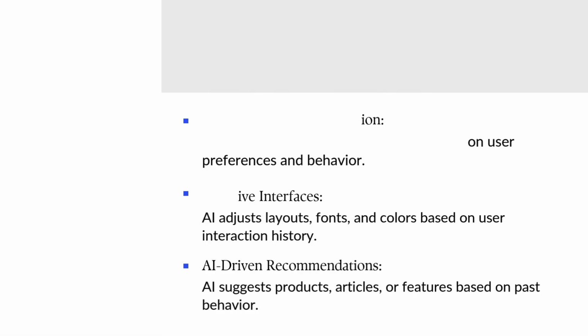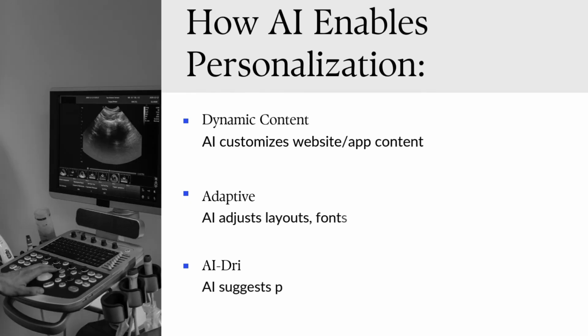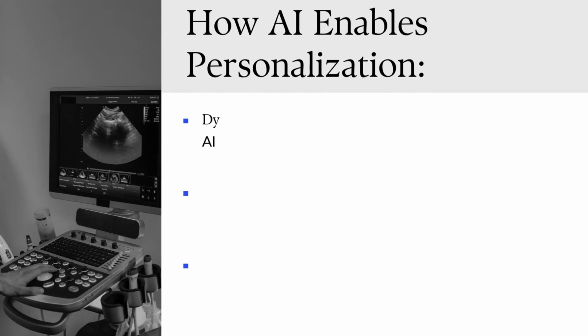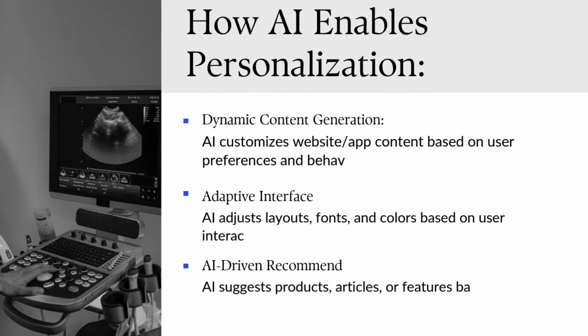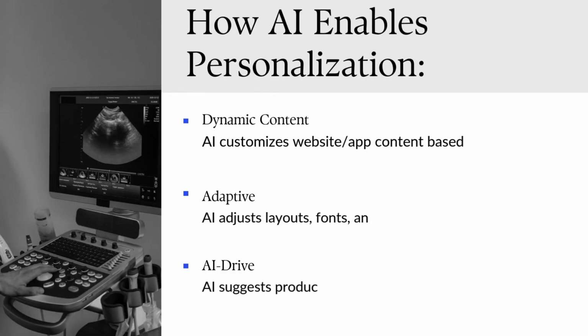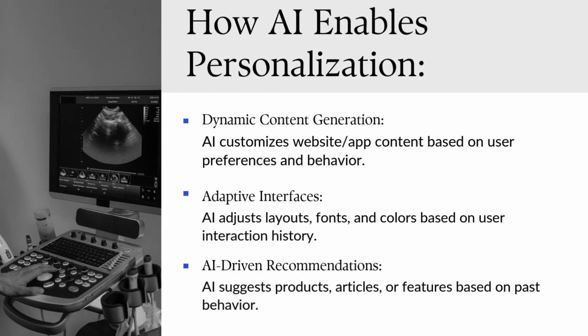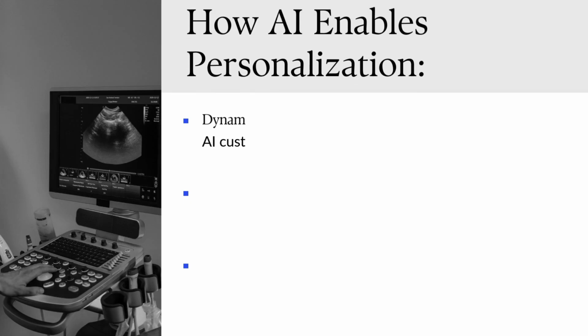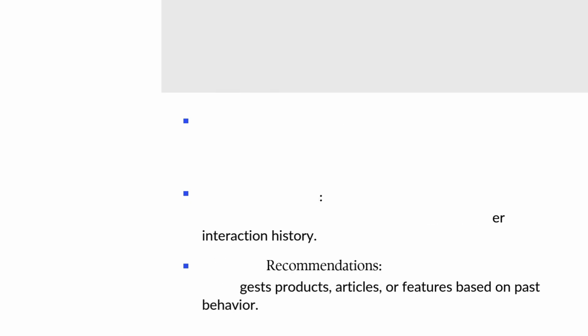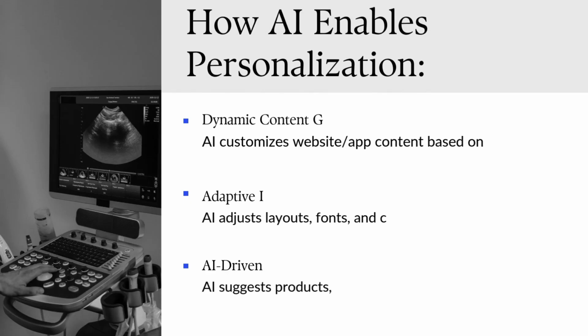First things first, we have what we call dynamic content generation. With this, AI customizes website or app content based on user preferences and behaviors. Next is what we call adaptive interfaces.